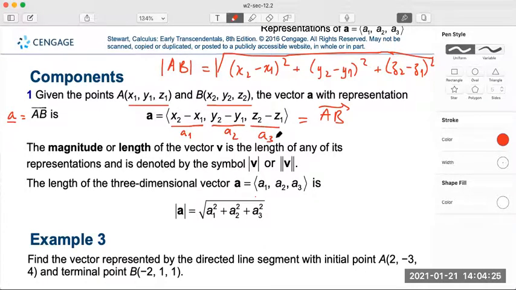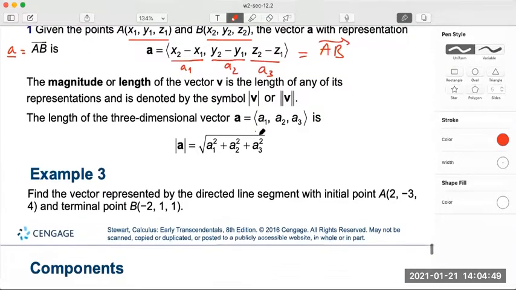Because we define this vector as vector A, therefore we call it A1, A2, A3. Just notation. So these are some concepts. There's nothing very difficult here. Do you have any questions? We're good, right? Very good.